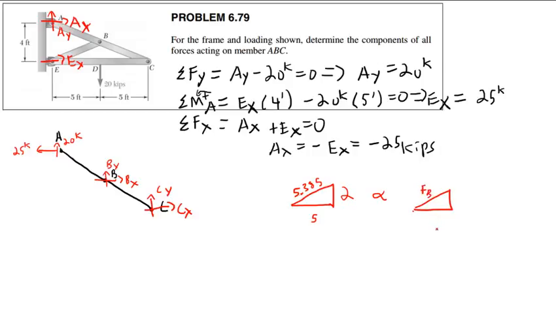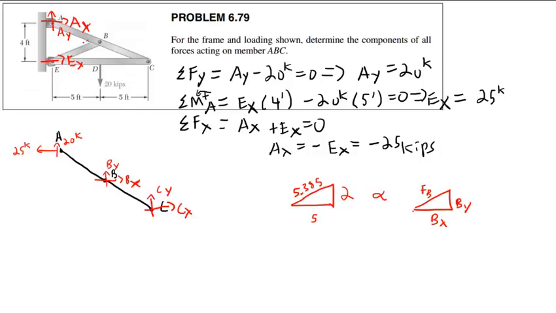I'm not wasting a lot of time thinking about the directions. I'm just going to say this is proportional to this triangle here, like so. Yes? Would that only work on joint B? Yes, this only works on joint B.